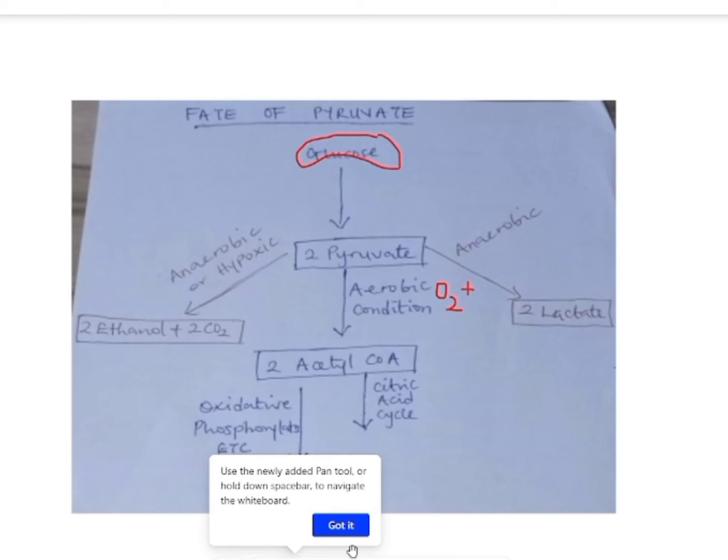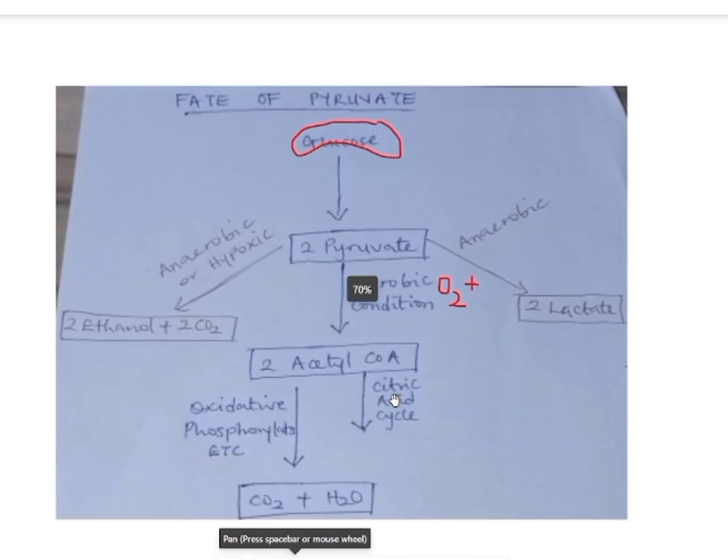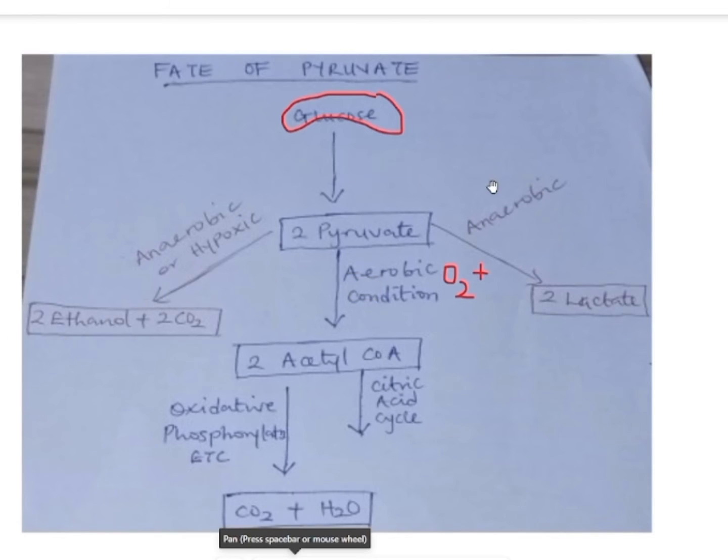The pyruvate can also go through the anaerobic condition. In going through the anaerobic condition, it produces what is called lactate, two molecules of lactate. Anaerobic condition simply means no oxygen or not enough oxygen.